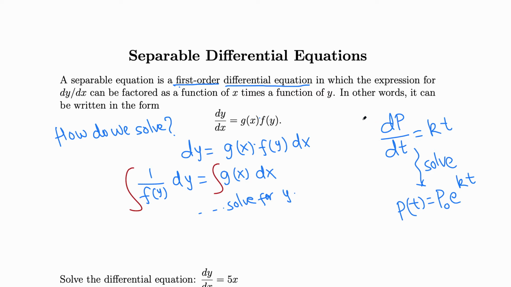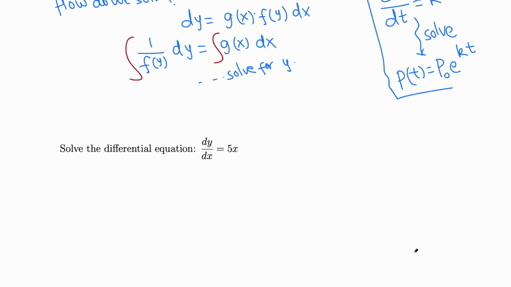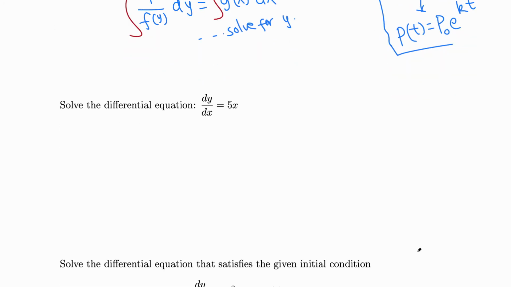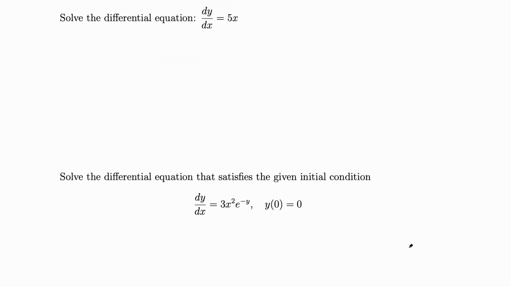So in this application I showed you, P is like y and t is like x. When we solve, we get this. P naught is the initial population or just a constant. So let's do two examples, and for more examples you can visit the course website.